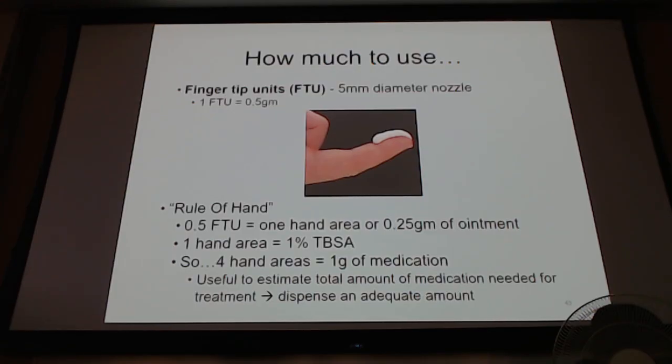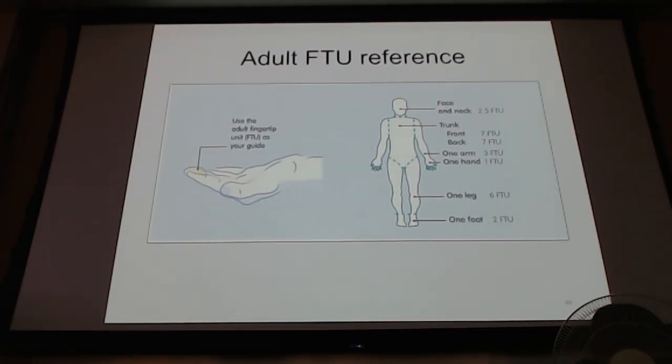So depending on that, as you see here, it breaks it down and it talks about face and neck, 2.5 FTU. Of the trunk, the front, that's 7 FTUs, and the back. If it's both of those added, then that goes up to 14, right? So that's just breaking it down into where those areas are.